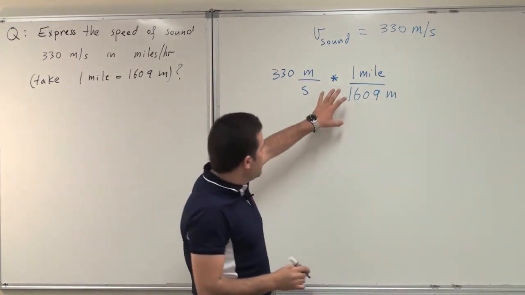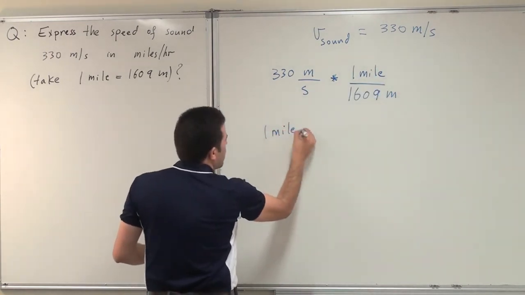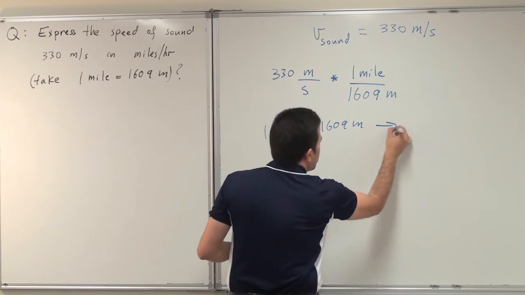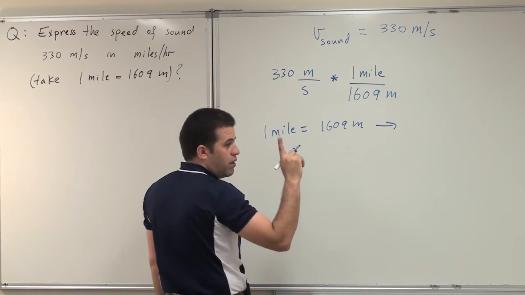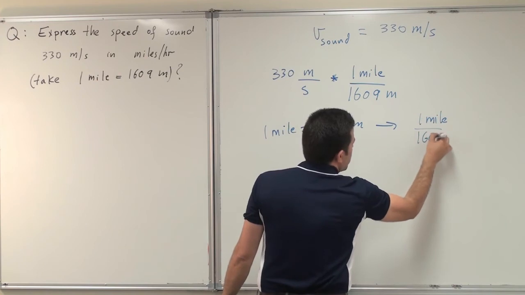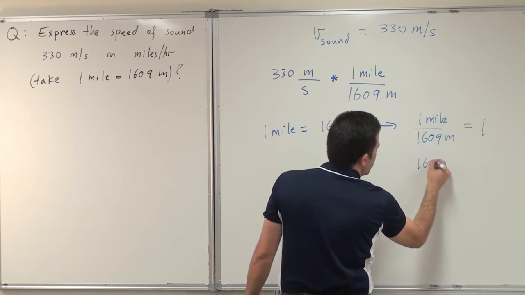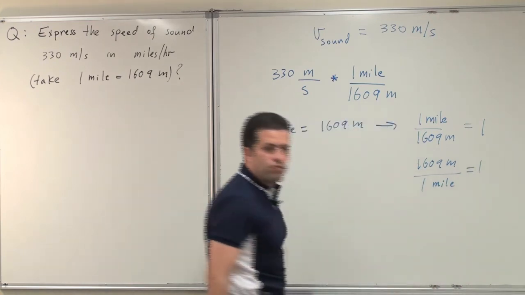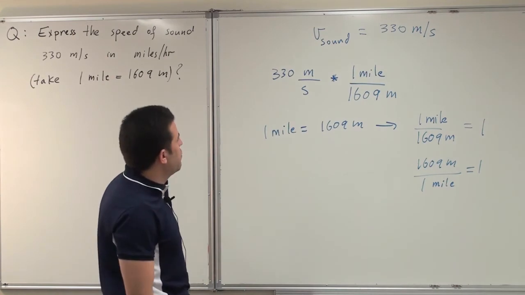Notice that in unit conversion, I multiply by 1, because if 1 mile equals 1609 meters, then if I divide this side by this side, or this side by this side, because they're equal, I'm having 1. So 1 mile by 1609 meters is 1, and 1609 meters divided by 1 mile also is 1. So if I multiply by 1, I'm not changing anything. This is the essence of unit conversion.